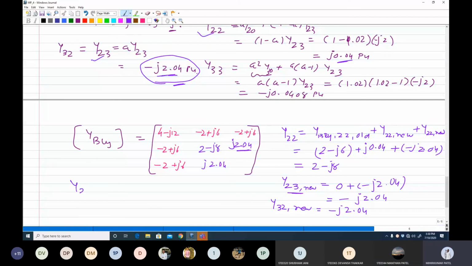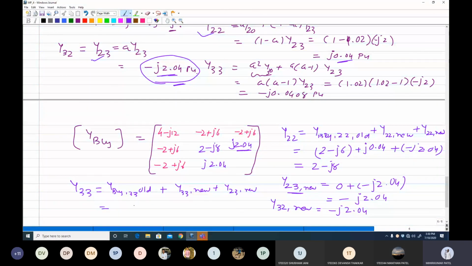Now just calculate the value of Y33. Y33 is equal to Y bus 33 old, which you have calculated in matrix form, plus Y33 new after introduction of the transformer, and Y23 new after introduction of the transmission line.